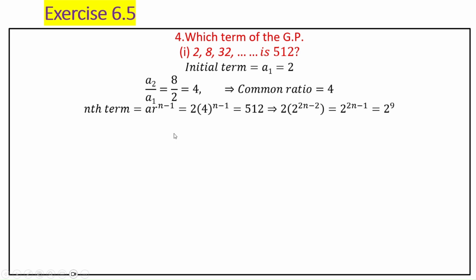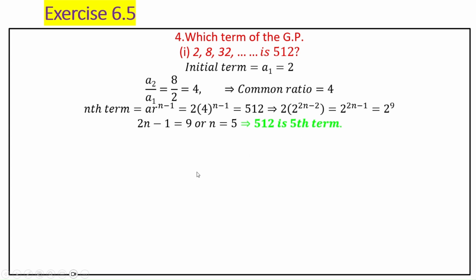Now the nth term a r to the power of n minus 1 equal to 512. Substituting a and r, 2 into 4 to the power of n minus 1, you get 2 to the power of 2n minus 1 equal to 2 to the power of 9, which means 2n minus 1 equal to 9, or n equal to 5. So 512 is the fifth term.